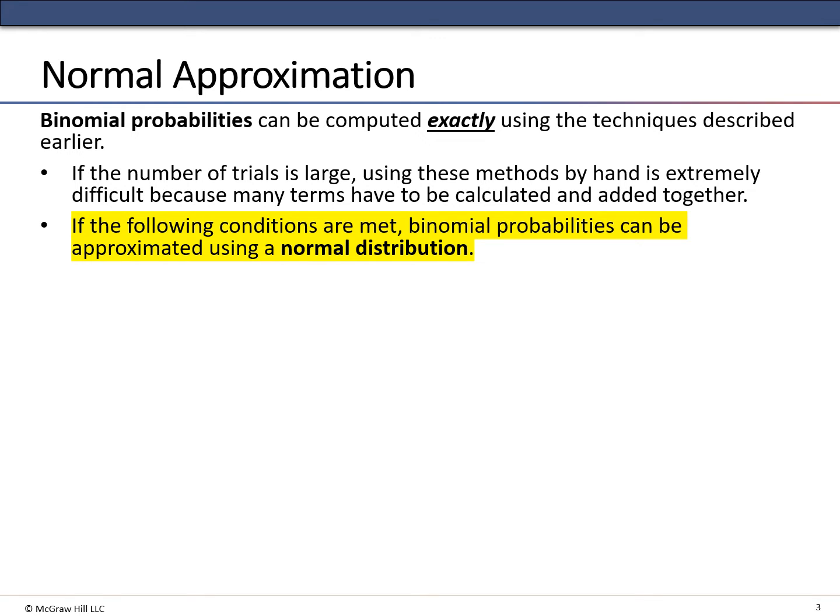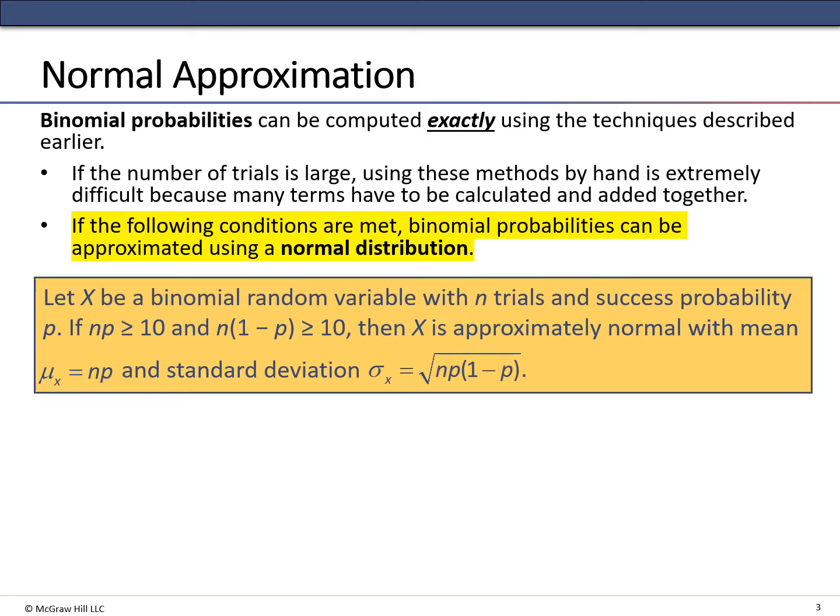If the following conditions are met, binomial probabilities can be approximated using a normal distribution. Let x be a binomial random variable with n trials and success probability of p. If np is greater than or equal to 10 and n times 1 minus p is greater than or equal to 10, then x is approximately normal with a mean mu sub x equals np and a standard deviation sigma sub x equals the square root of np times 1 minus p.